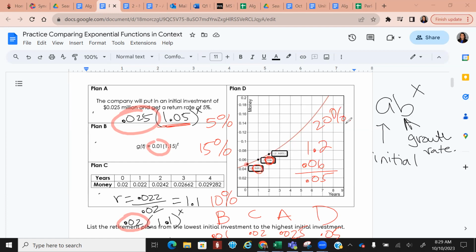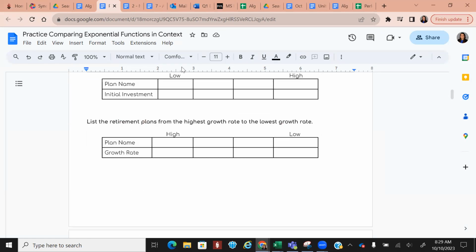Plan D. Okay. And then what's the next highest? Plan B. And then what's the next one? C and then A, right? If we come down here, we're going to say plan D, B, C, and A. And that was 20, 15, 10, and 5%.